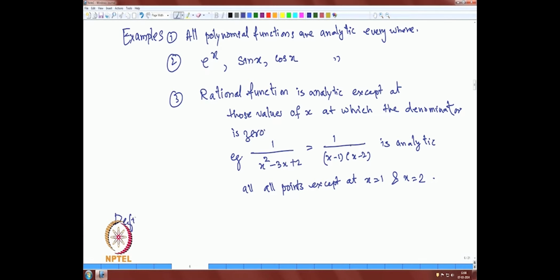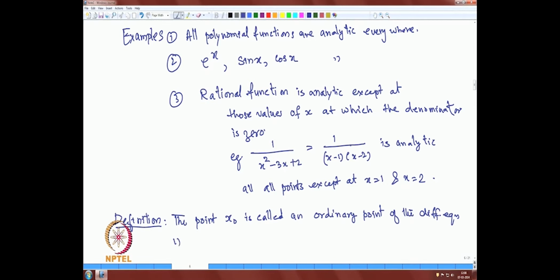Definition: the point x0 is called an ordinary point of the differential equation, if the differential equation is in the normalized form, call it y double prime plus p1(x) y prime plus p2(x) y is equal to 0.